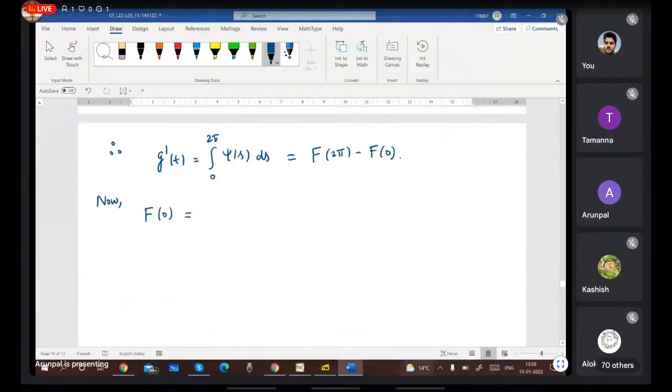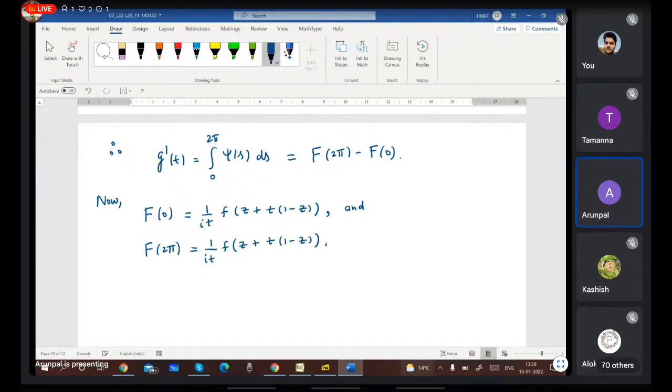F0 will be 1 upon i t, f of z plus t 1 minus z. Is this okay, class? And likewise you can see that F of 2 pi will again be the same, because if you take s is equal to 2 pi, the value of e to the power 2 pi i will be the same as e to the power 0, right? Right, class? Yes, sir. So you will get the same value.